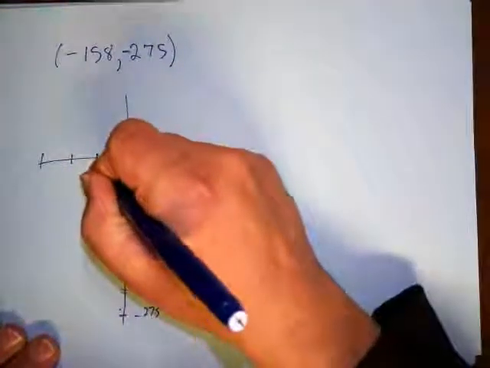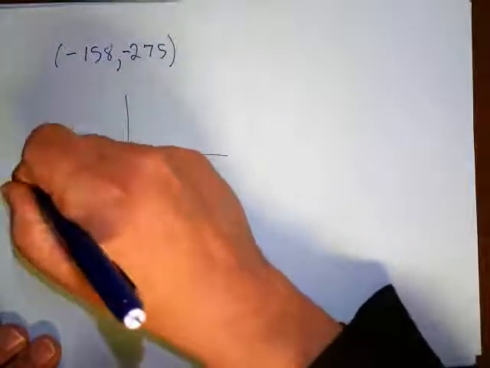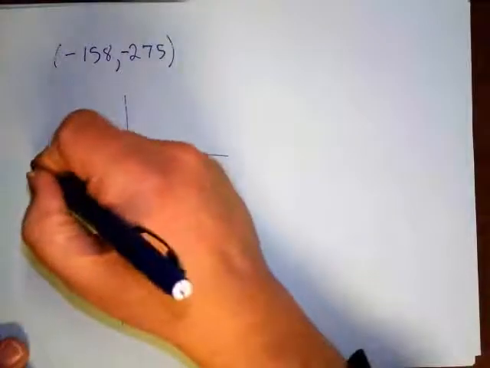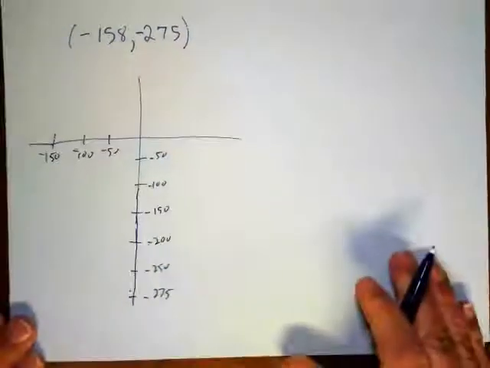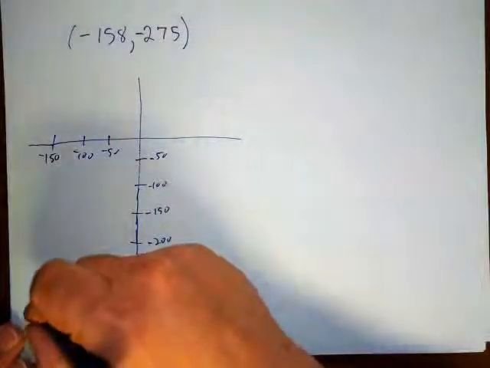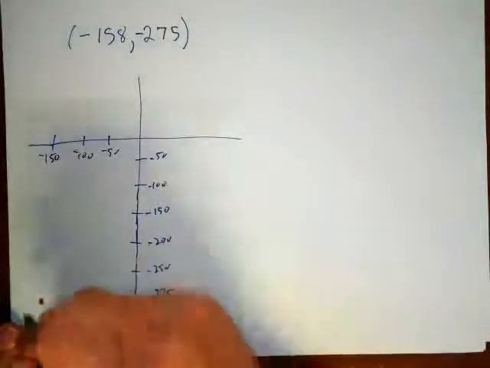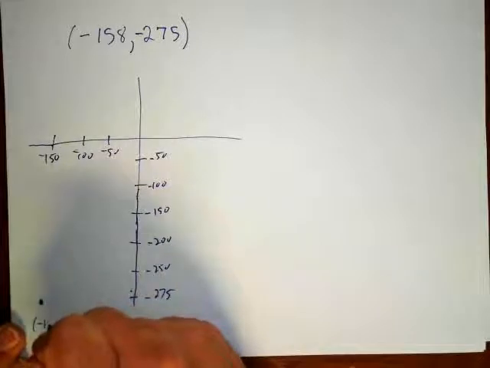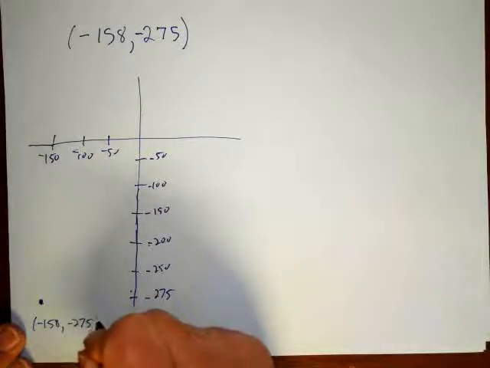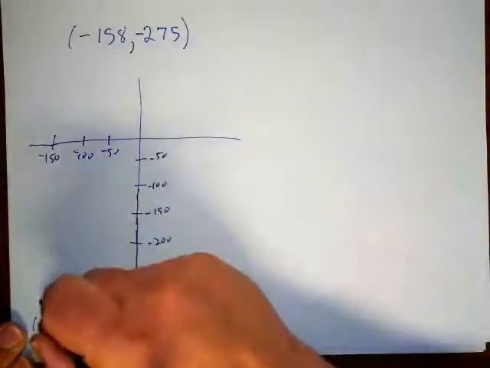And this is negative 50, negative 100, negative 150. And so my rectangular coordinate here is going to be, this is 275, and this is a little past 150. So this is negative 158, negative 275. And that's my rectangular coordinate.